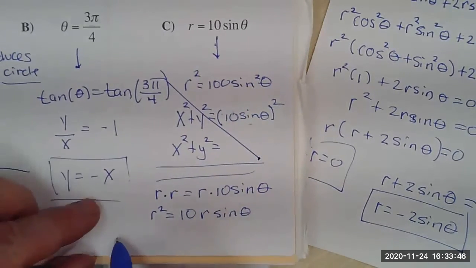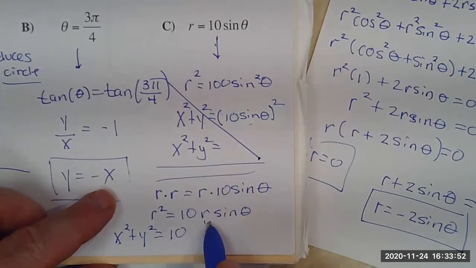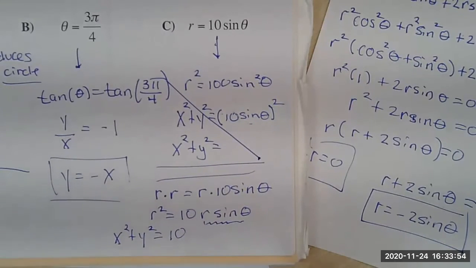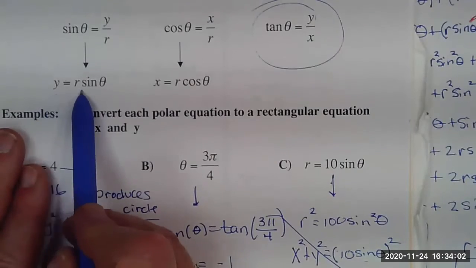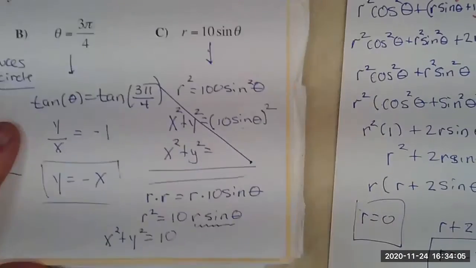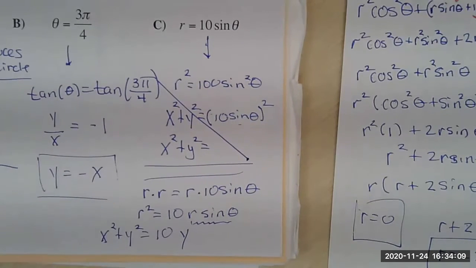This is x squared plus y squared, there's plain old 10. And now there it is. R sine theta is y. R sine theta is the letter y. Yeah, I got hung up on that one. And so there you have it.